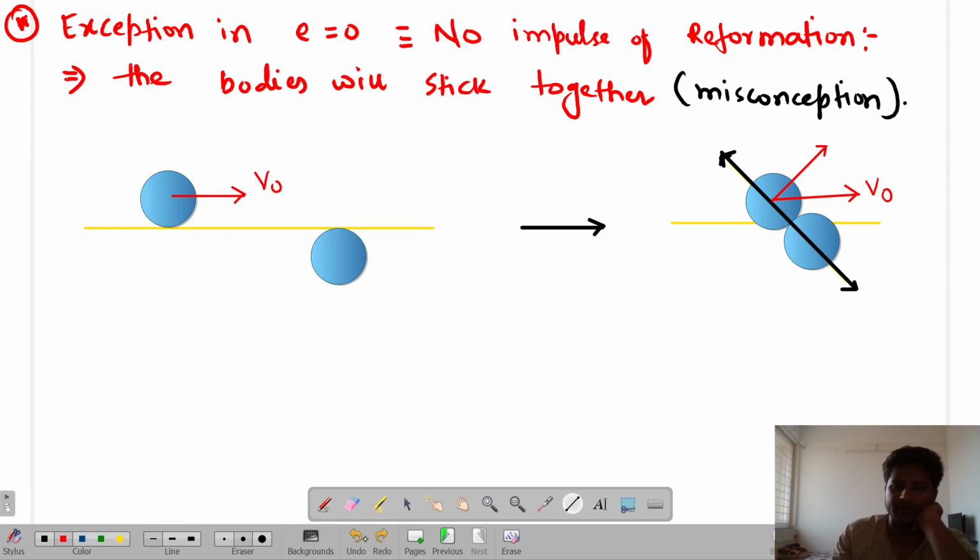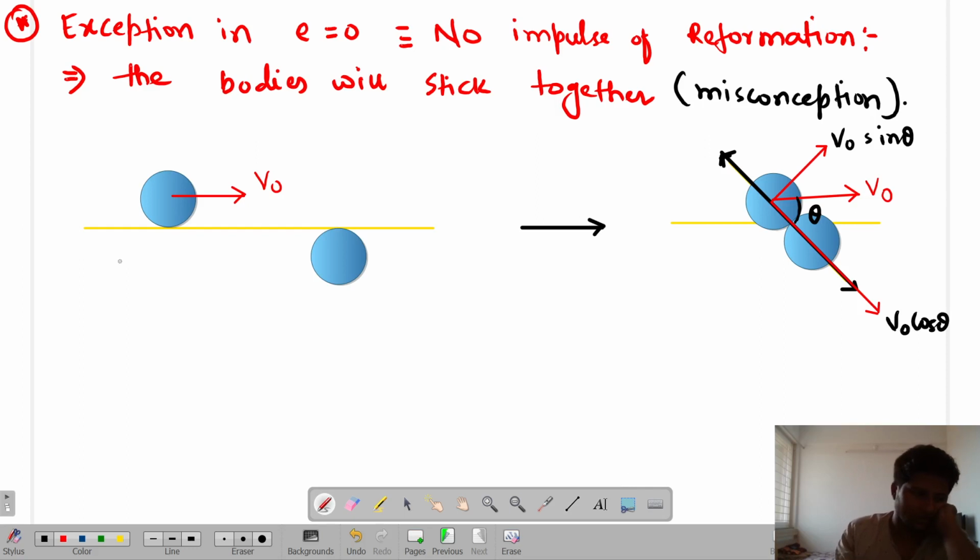Are you able to get me? So let's suppose I'm just considering that they are making some angle theta at this instant of time. So this is v naught sin theta and this is v naught cos theta. Look over there.